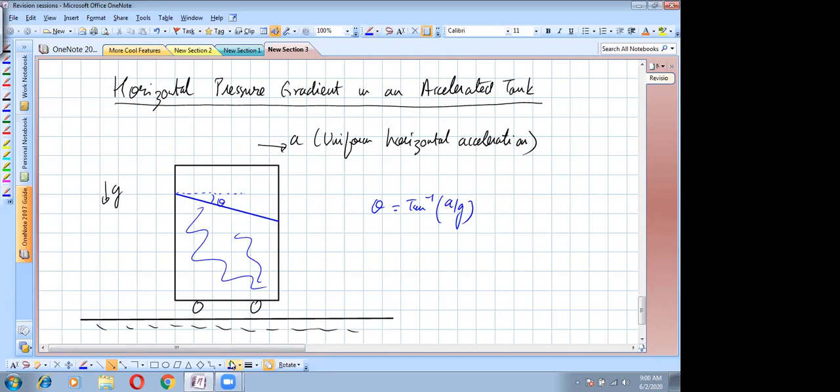And if your system of axes are like this, there is now a horizontal gradient of pressure, and along with it a vertical gradient.